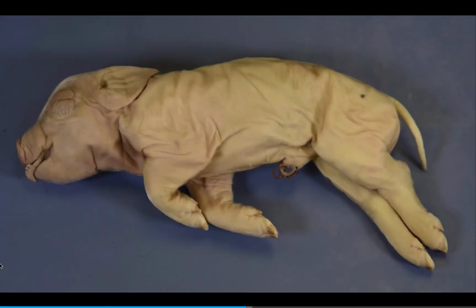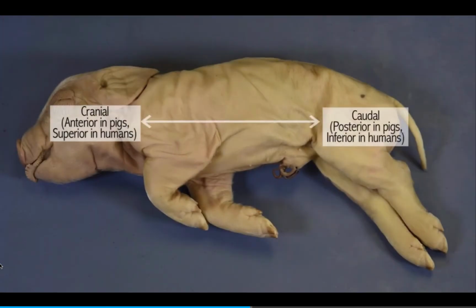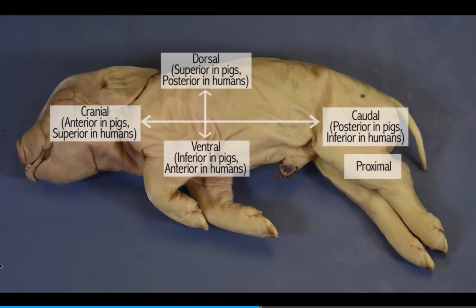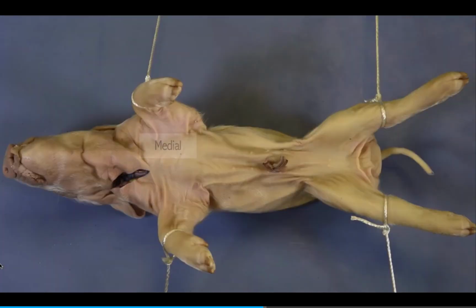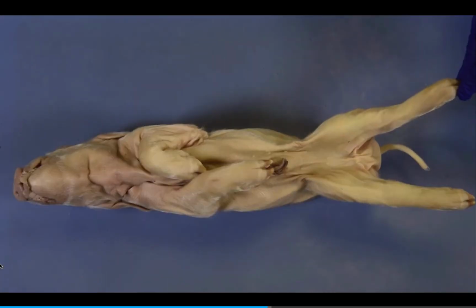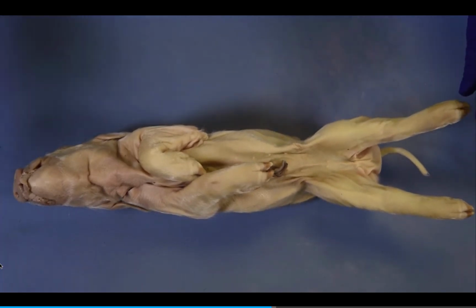To review, directional terms are cranial or anterior, caudal or posterior, dorsal or superior, ventral or inferior, proximal, distal, rostral, medial, and lateral. Now let's review the proper technique for skin and superficial fascia removal.